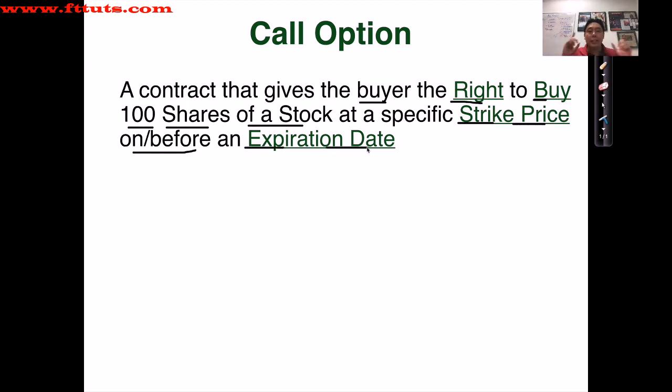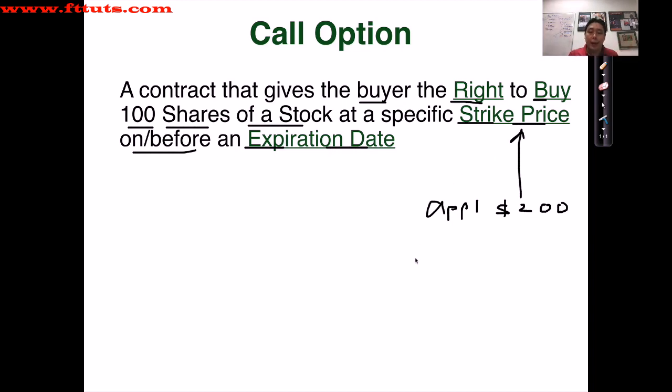Okay, so for example, let's imagine you are bullish on Apple, and let's imagine Apple shares are now selling at $200. And you are bullish, right? You think that Apple shares are going to go up. Now, obviously, you could buy the Apple shares itself, right? But you may say, hey, I don't have the money to pay $200. I don't want to spend so much to buy Apple shares. Well, what you could do then is to buy a call option.